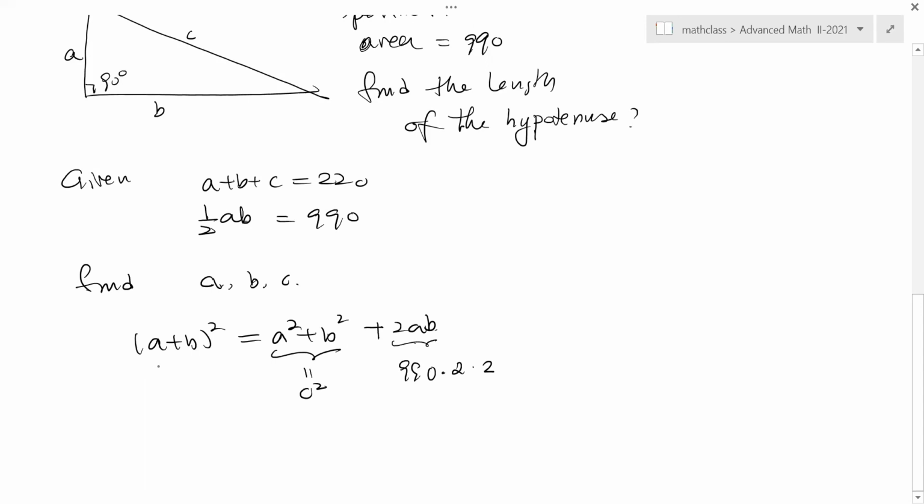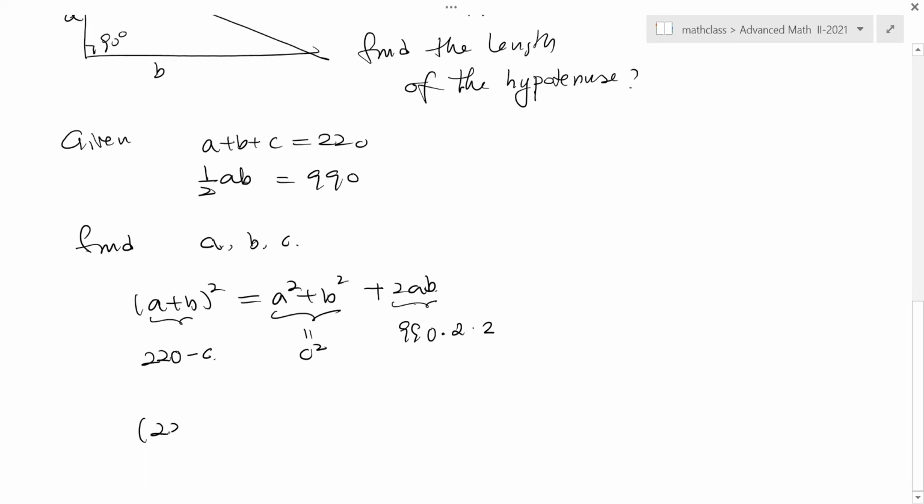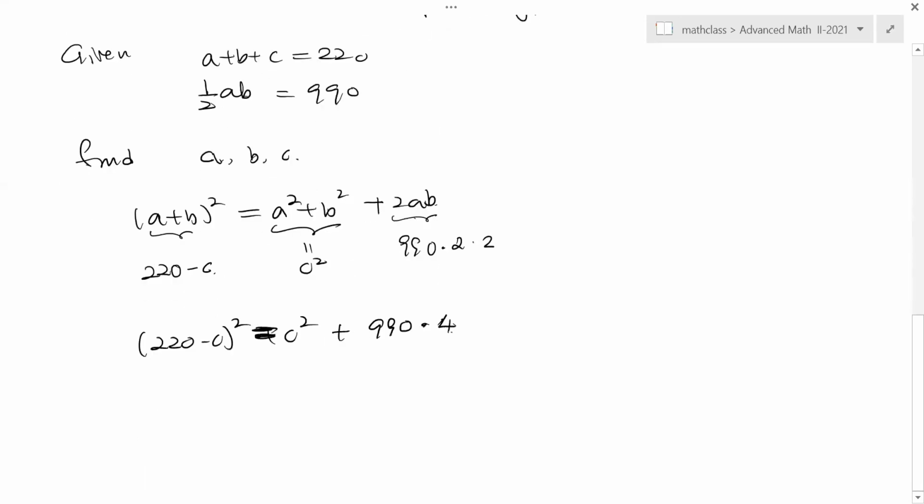Now, how about A plus B? A plus B is 220 minus C. Great, right? So you will get an equation in C only, times 4. So let's simplify. This actually looks like a quadratic equation, but it's a linear equation after you simplify.